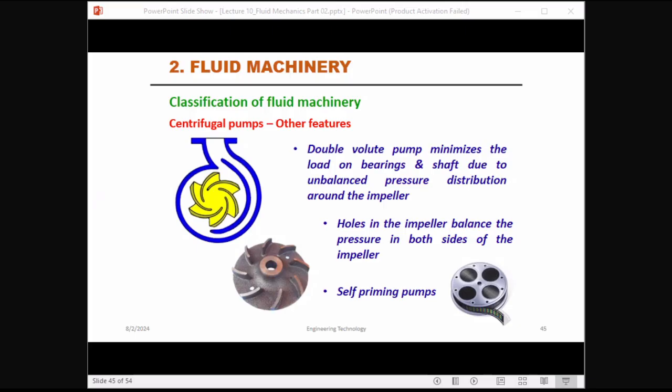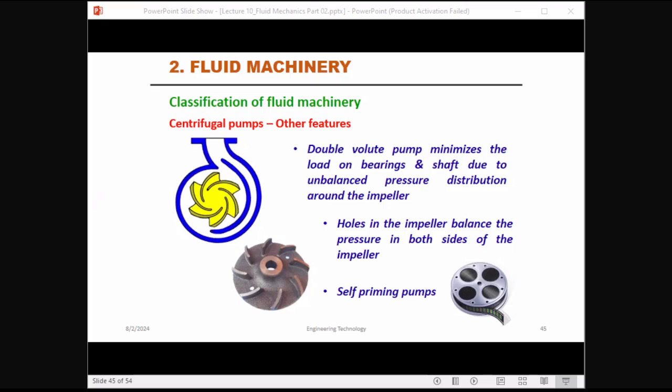This balancing mechanism helps smooth operation of the pump and also reduces wear on parts, the pump shaft, and bearings. All of these we can protect thanks to this pressure balancing.